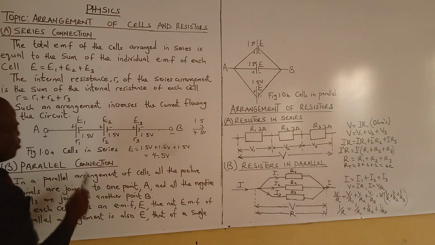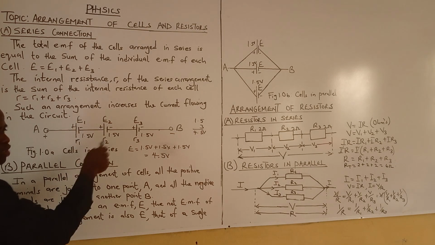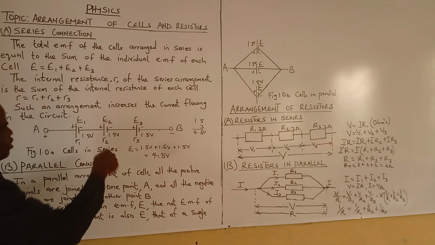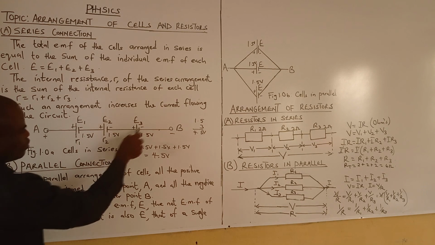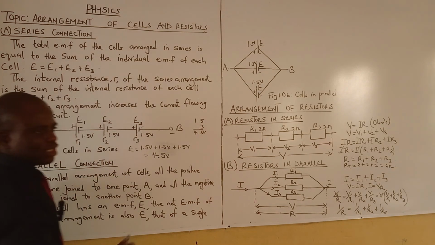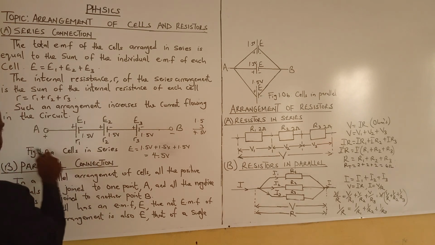When you are connecting batteries together in series, you connect the negative to the positive, like that, because unlike poles attract, there will be current flow when you connect them like that.